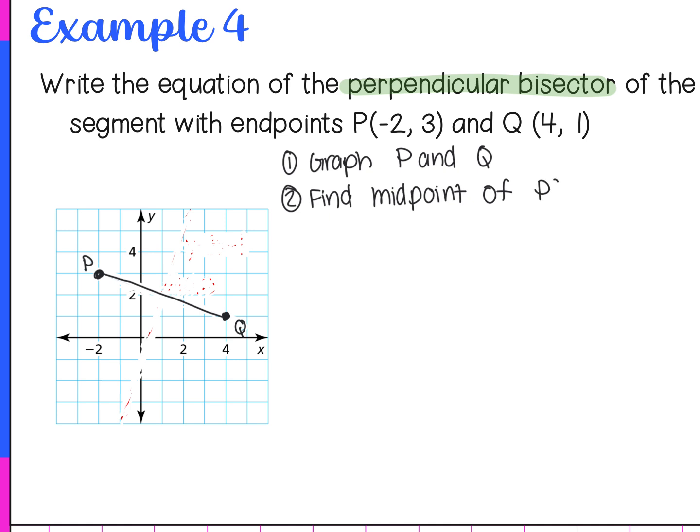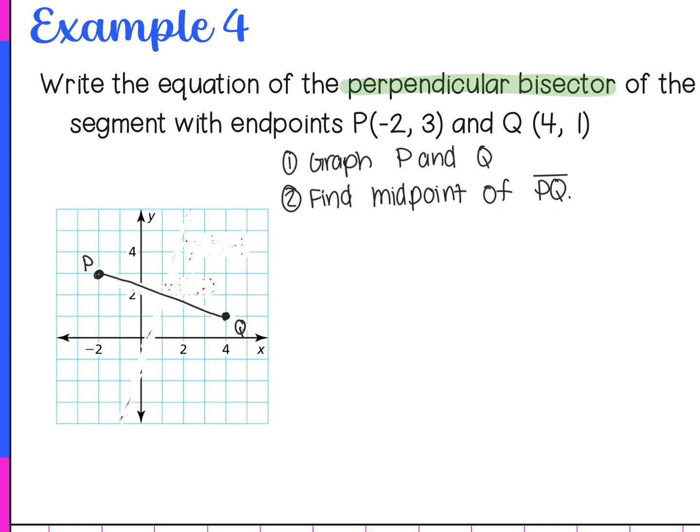Of P and Q. Okay, so I'm finding the midpoint of my segment. Do you remember the midpoint formula? Sometimes you could just look at it and find the middle point, but sometimes it's not always going to work. So do you remember the formula? That's the slope formula.